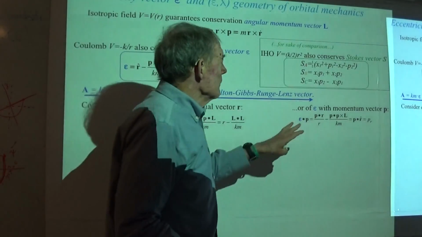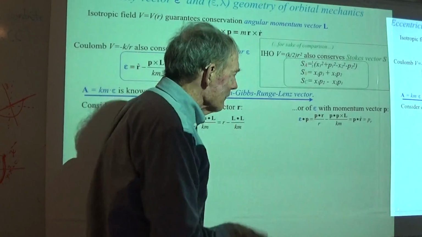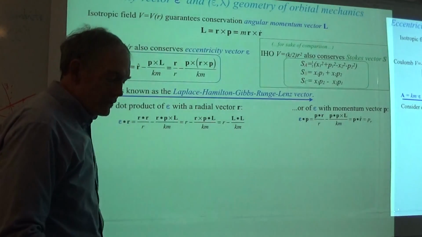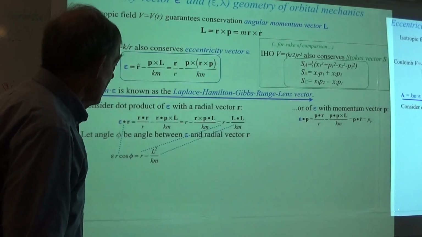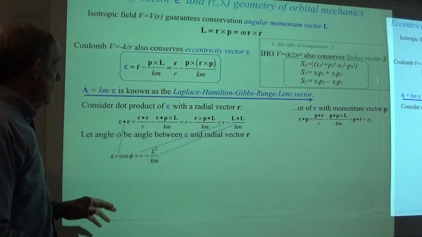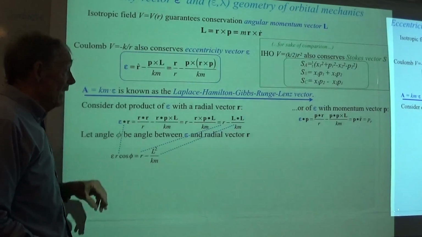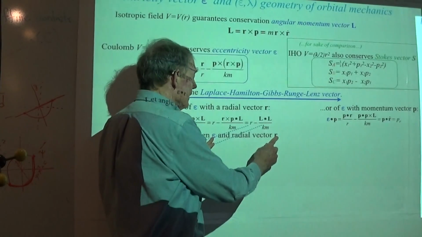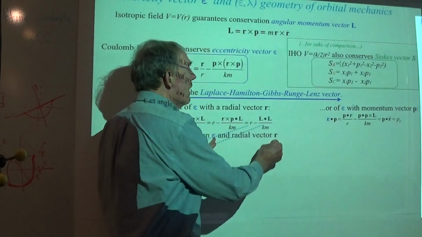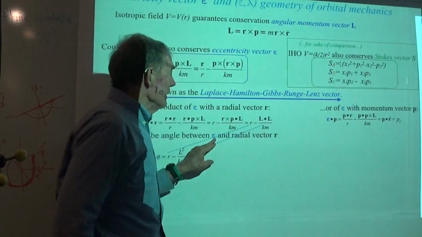Okay. Now, I'm going to skip over most of the things that we do with this, but it will be part of the story. This is the one that you should probably look at, and that's the one we're going to construct mostly today. Now what I want to do is let there be an angle between wherever this vector is and the actual radial vector. This thing's standing still, the r is on its orbit, whatever elliptical or hyperbolic orbit it makes.